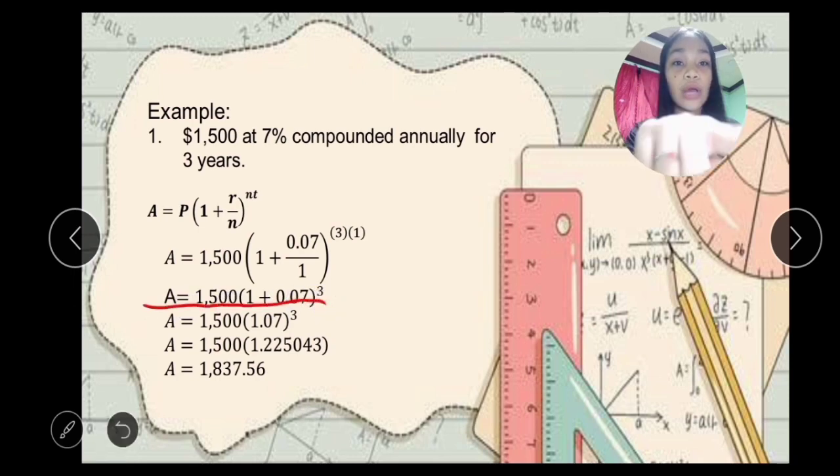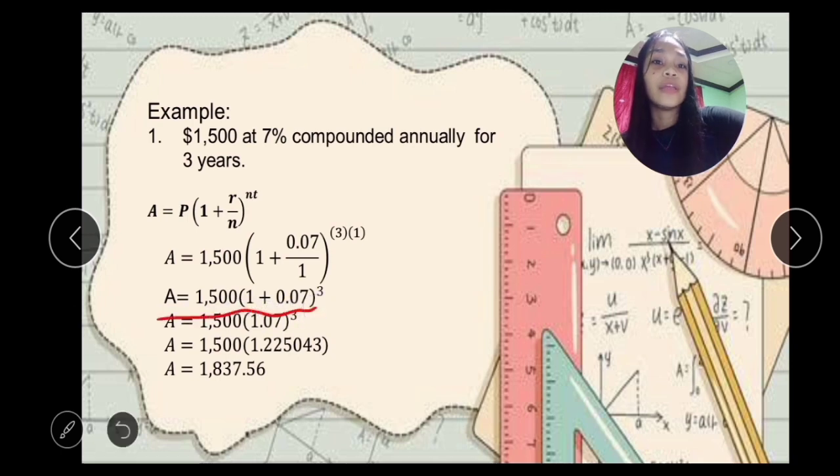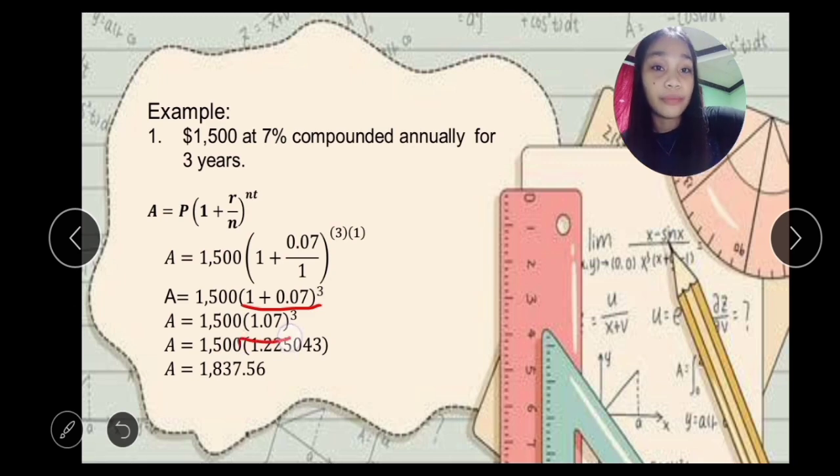All we need to do is divide 0.07 by 1, and the result is 0.07. And 3 multiplied by 1 is 3. Next, we add what is inside the parentheses: 1 plus 0.07 equals 1.07. And put the 3 in as the power.